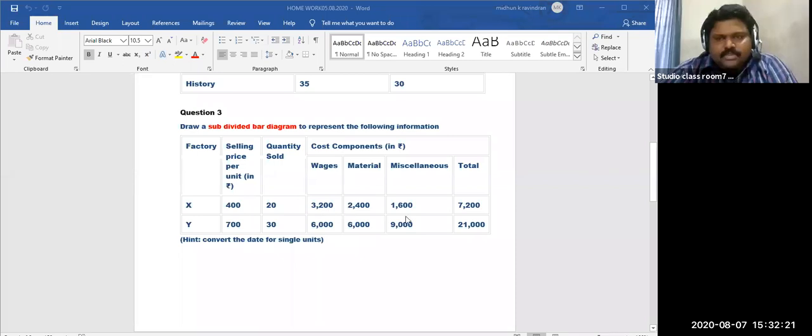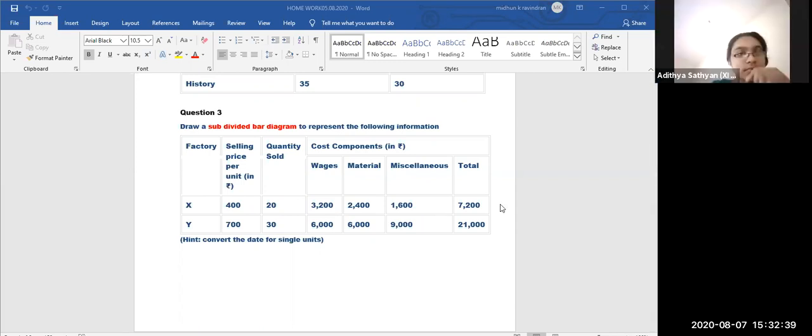Just do that calculation for a single unit. Is it clear now? Just convert that into single unit price. Otherwise, you are unable to depict that; a long bar diagram would be required to draw this kind of thing.